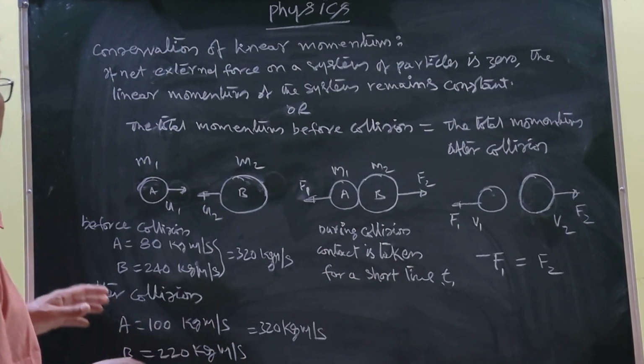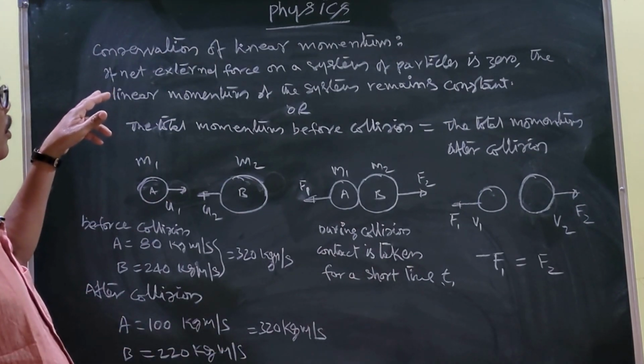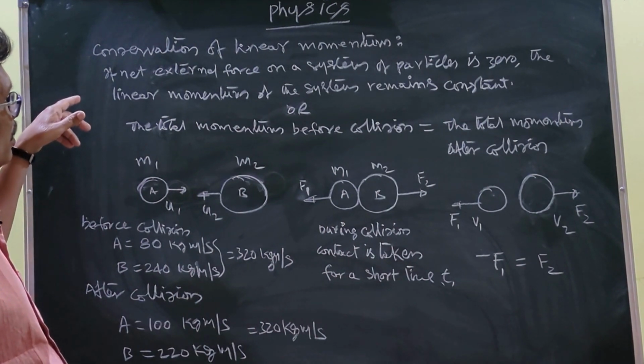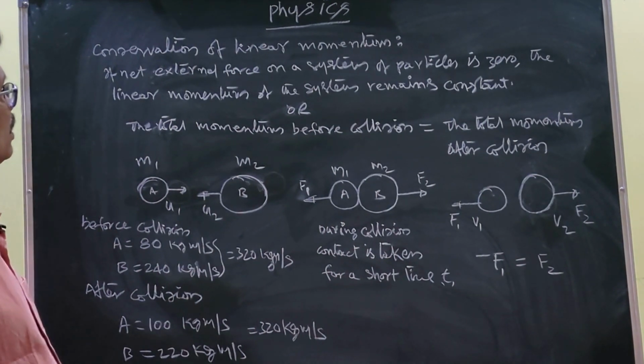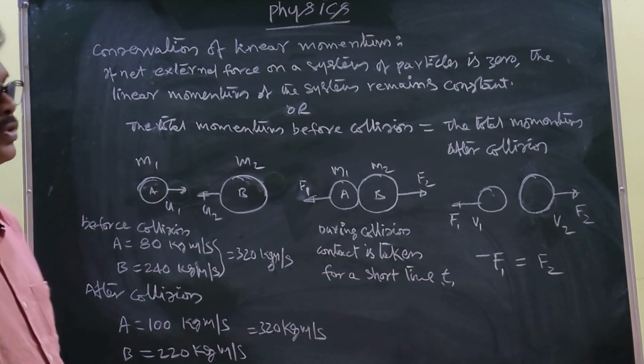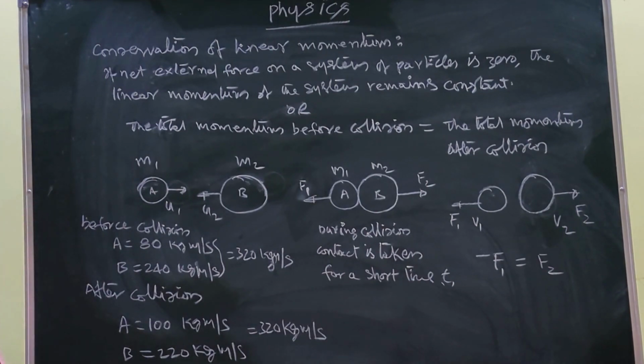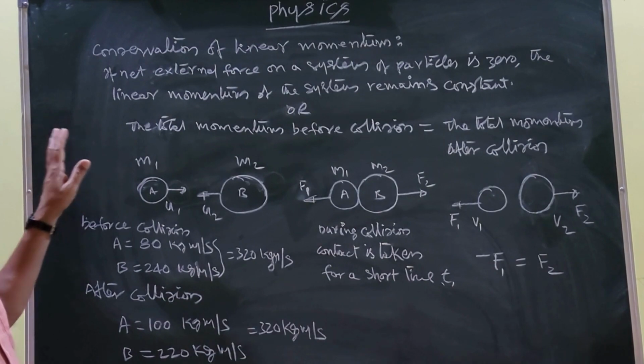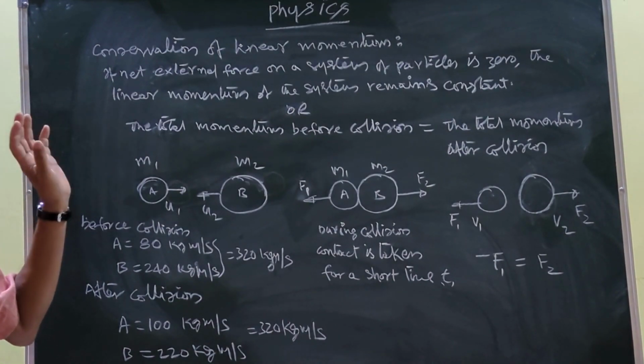In the same way, the definition of conservation of linear momentum says: if the net external force on a system of particles is zero, the linear momentum of the system remains constant.